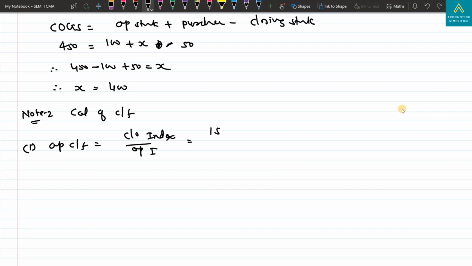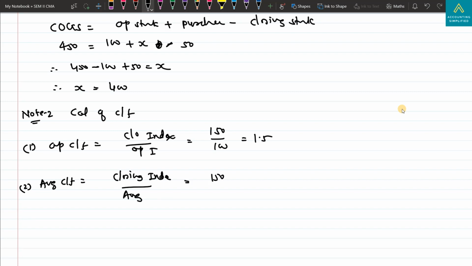So it's 150 divided by 100 is equal to 1.5. Second, average conversion factor is equal to closing index divided by average index.